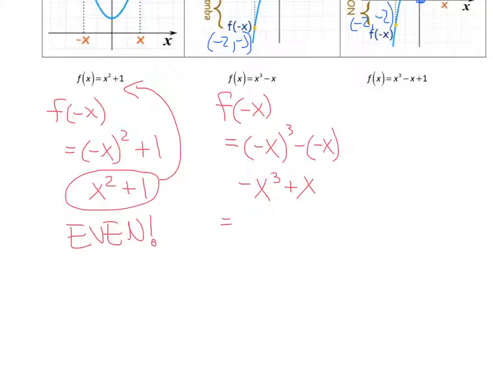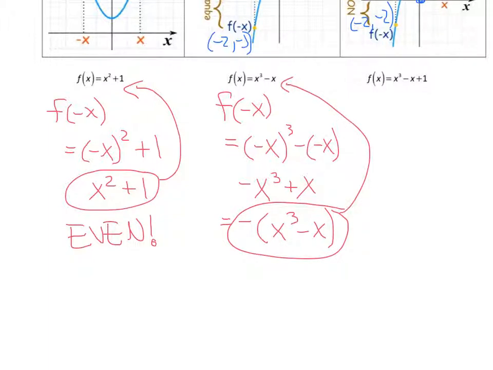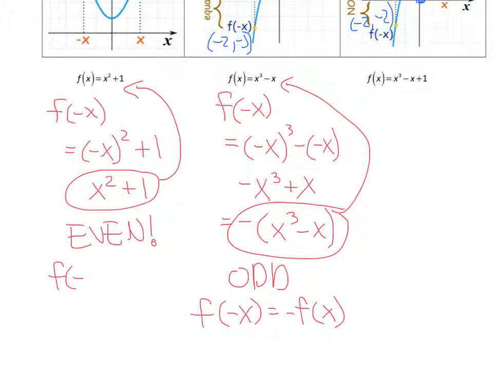So this is really the same as negative x to the third minus x, which is the exact negative version of the original. So this is an odd function. If every term changes to its opposite, or you have f of negative x equals negative f of x, then it's odd. Whereas with even, you plug in negative x and you get f of x back, which you started with.